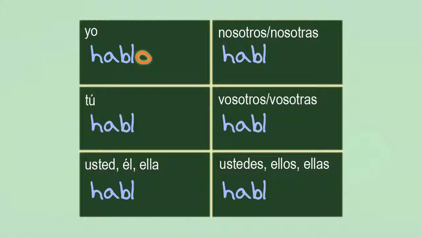In order to say you speak informally, I would say tú hablas. To say you speak formally, or to say he or she speaks, I would say usted, él, or ella habla.